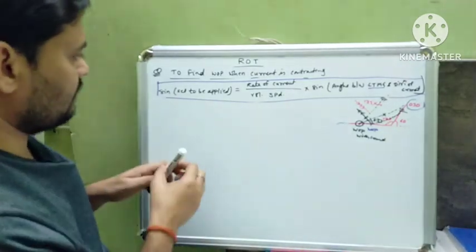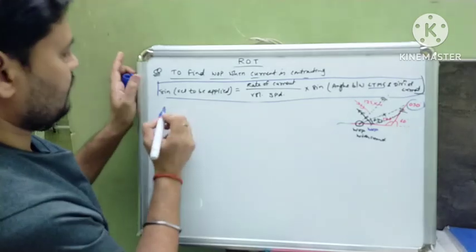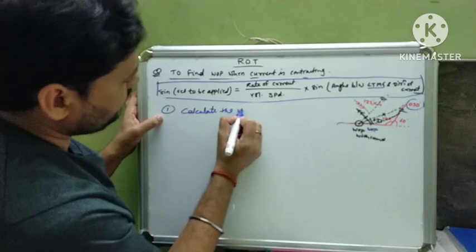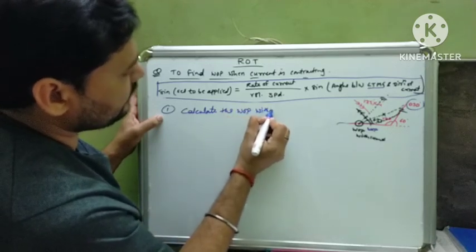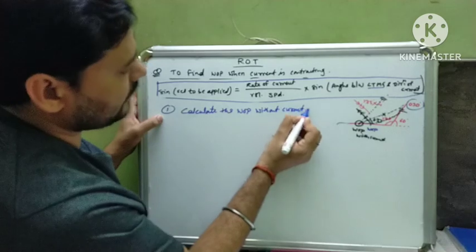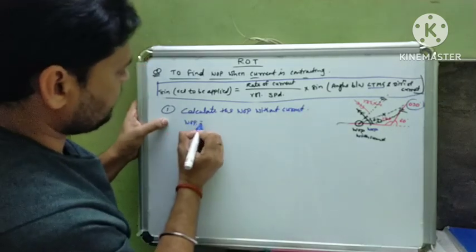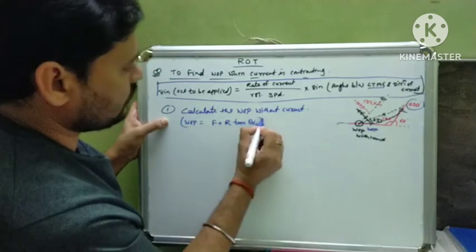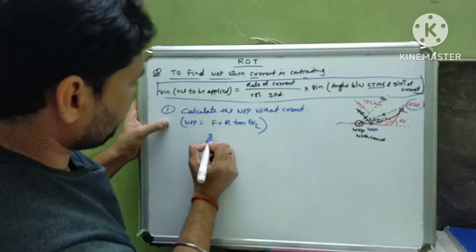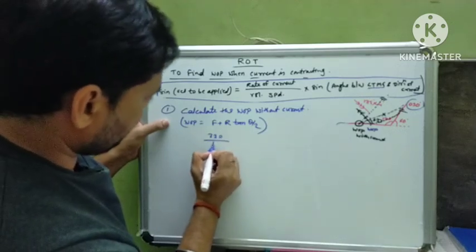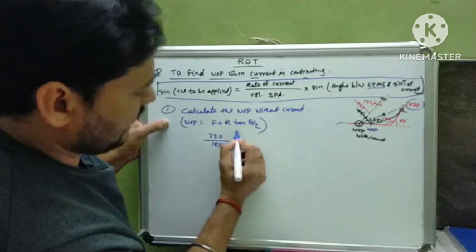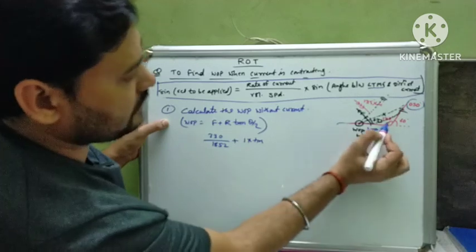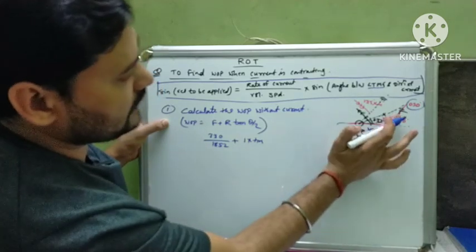Point number 1, calculate the wheelover point without current. How to calculate wheelover point? That is F plus R tan theta by 2. So for the example we have given, F is 330 meters, so 330 divided by 1852, plus R we have taken 1, into tan theta, and theta is the angle between both, so 120.